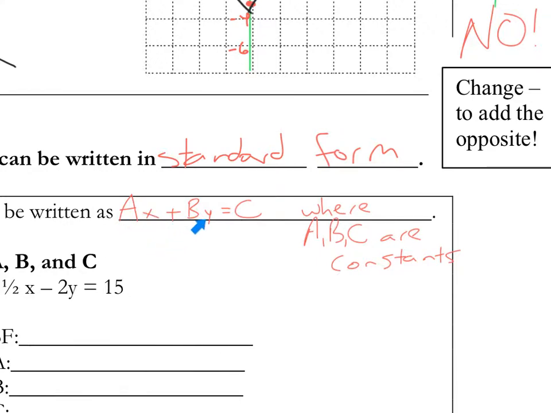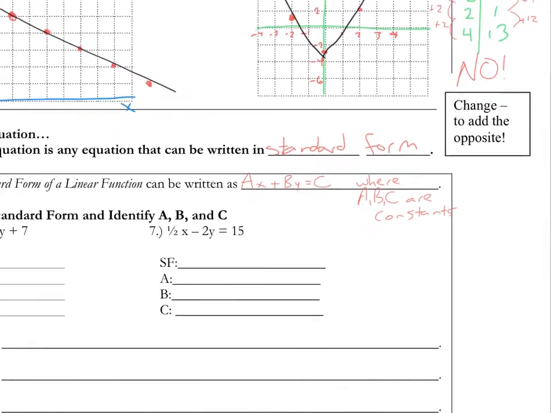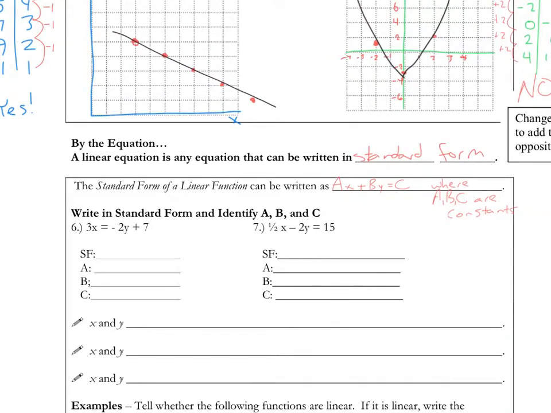So if there's an exponent, if x or y are written in the denominator, we don't even have to put it in this form. If we see that exponents or x, y are multiplied together, or we're dividing by x or dividing by y, right away we know it's not linear, it's nonlinear. But if I can rearrange this into this form, well then I'll know it is in fact linear.